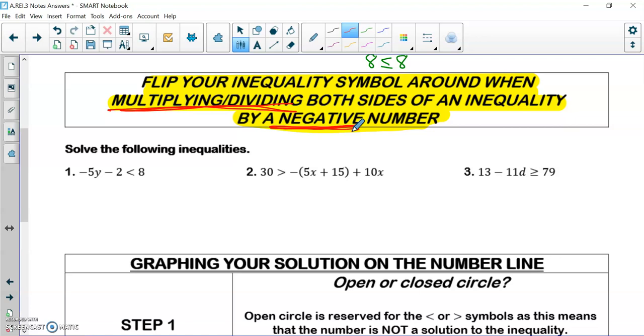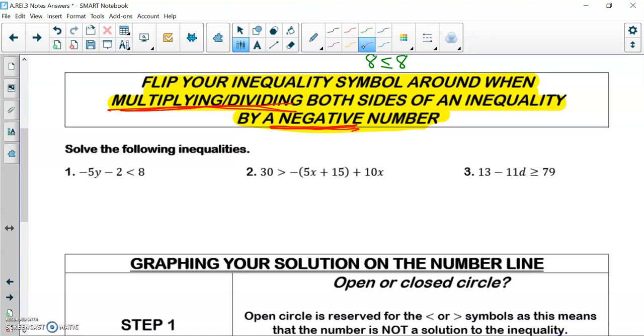Numbers 1, 2, and 3, we are going to solve these inequalities exactly how we solve an equation, with the tip in mind that when we multiply or divide by a negative number, we do need to flip our inequality symbol. So in number 1, I have a -5 times a y and then a -2.